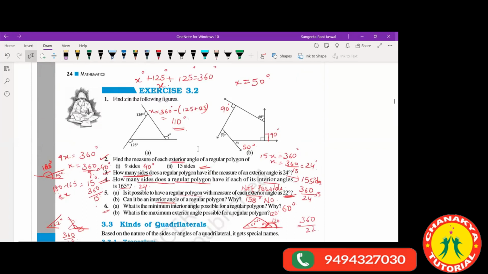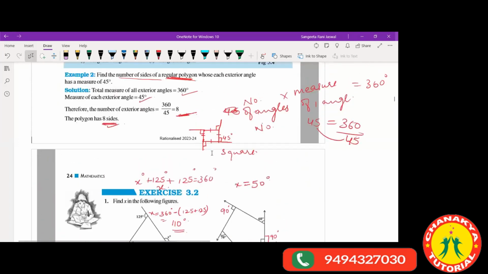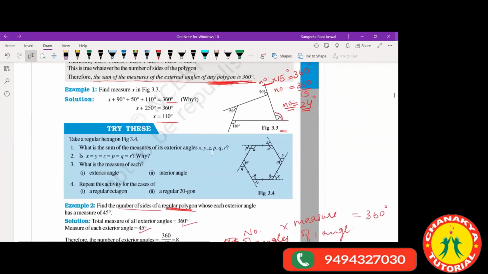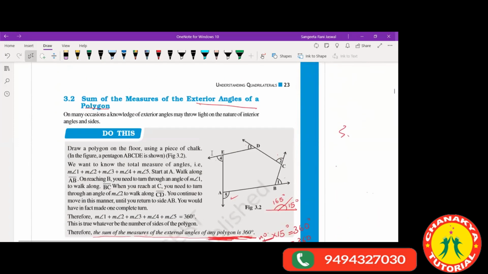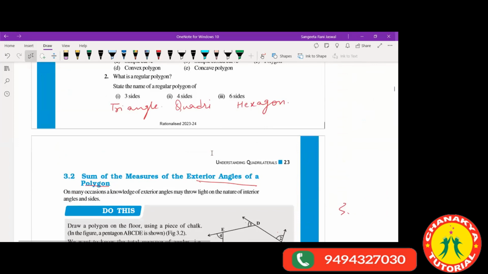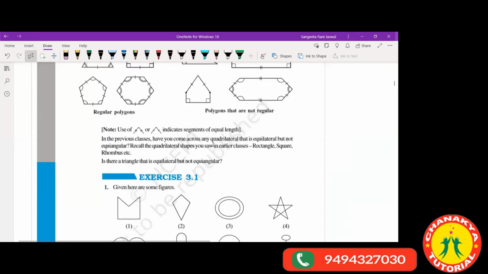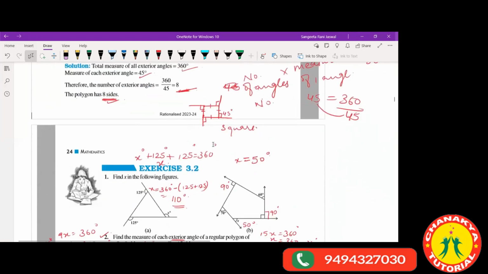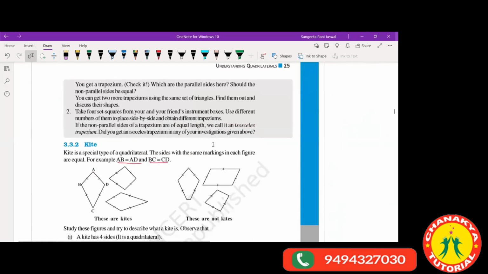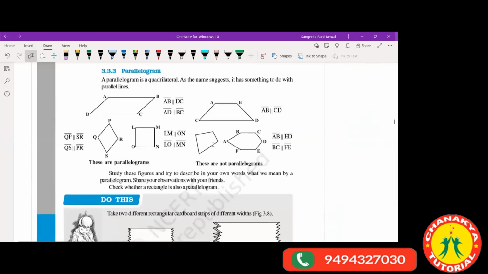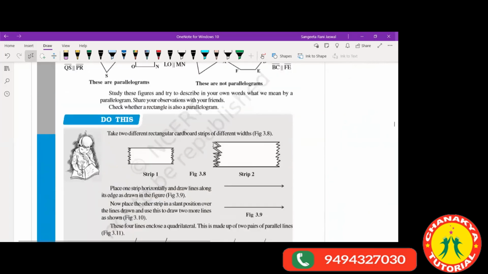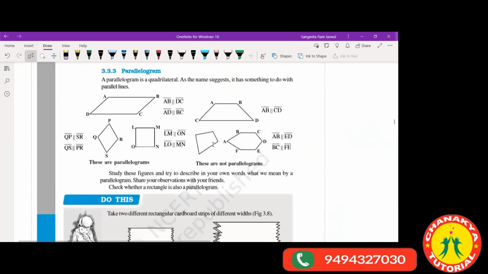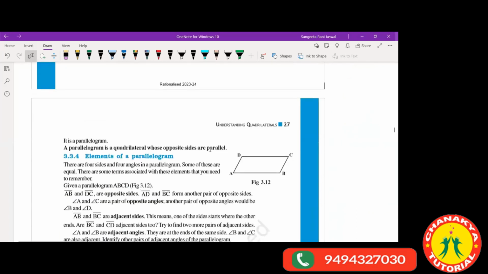There is nothing in this. Ma'am, you gave questions on your own actually, not from this textbook. Okay, so we have to make use of that property, n minus 2 into 180 degrees.